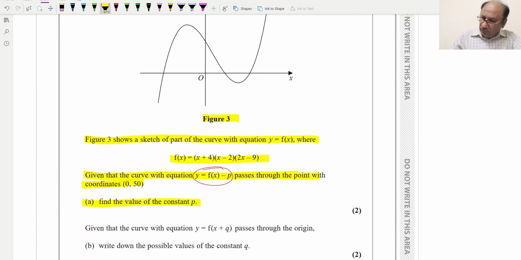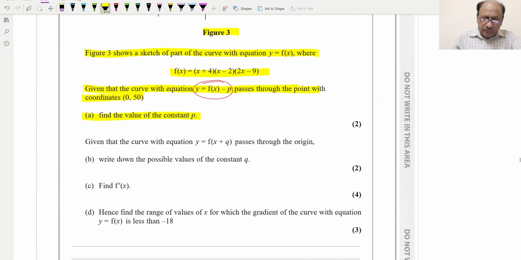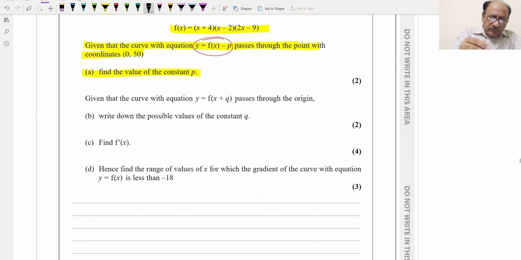Now for a part we will have to consider that f of x minus p, this is outside, so f of x minus p is what type of transformation? So this is basically translation down by p units.